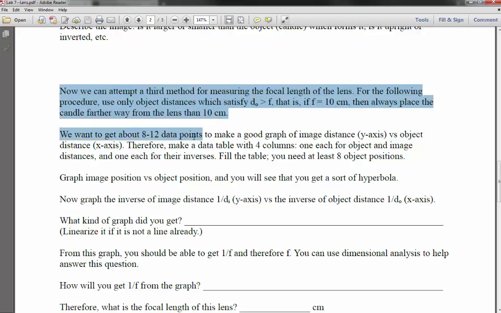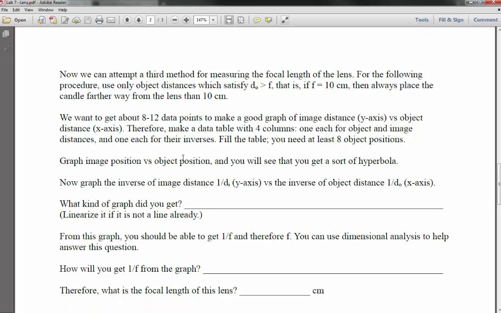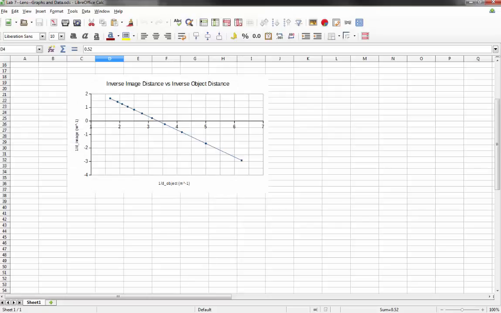You take 8 to 12 data points and make a good graph of image distance versus object distance. Then you graph the inverse of image distance versus the inverse of object distance, and you get a graph that looks basically like this. It's basically a straight line.